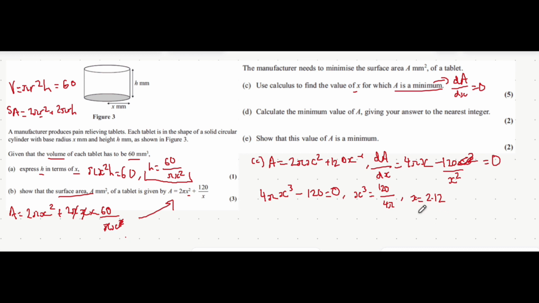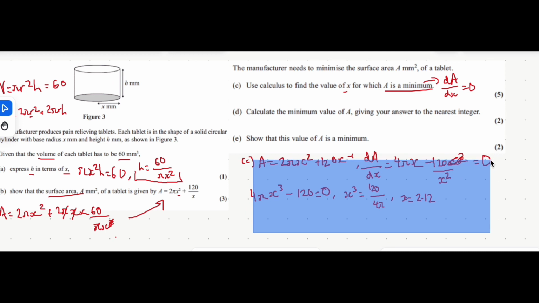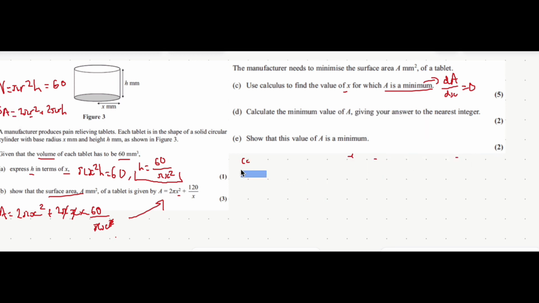Perfect. I'm going to rub some of this out just so we have space for the rest of the question. But the answer to part C is just 2.12. So I'm just going to write that out. x equals 2.12. It then asks you to find the actual minimum value of A. So we know that the minimum value of A happens when x is equal to 2.12.